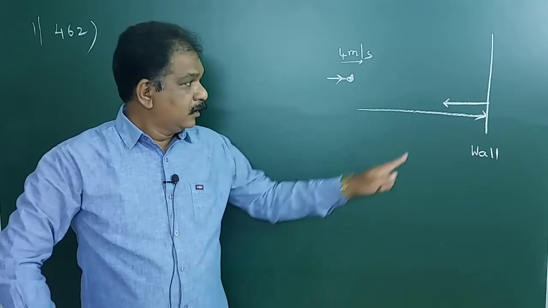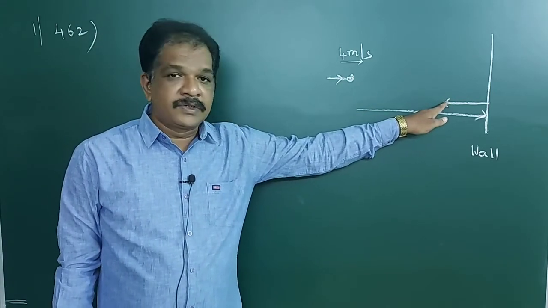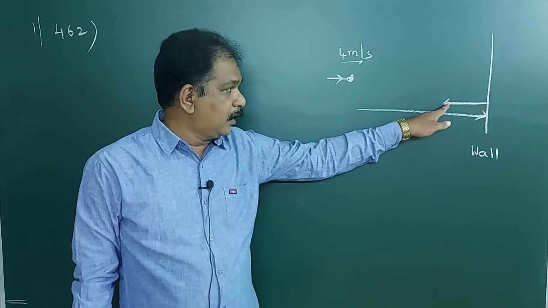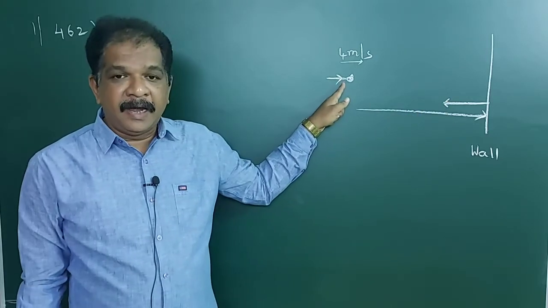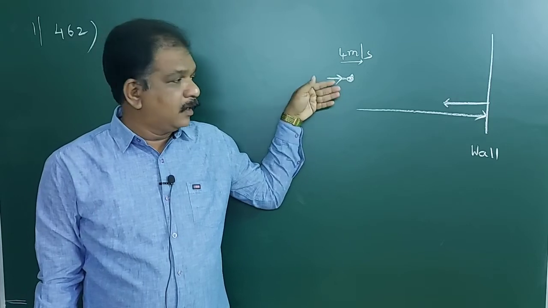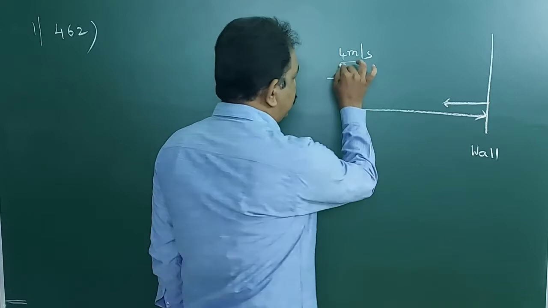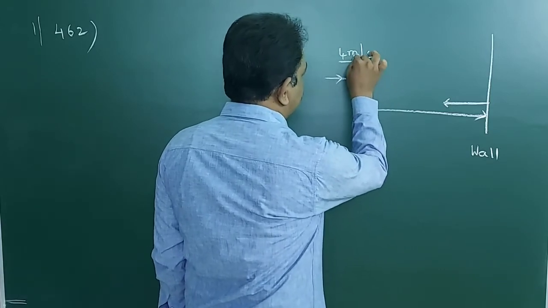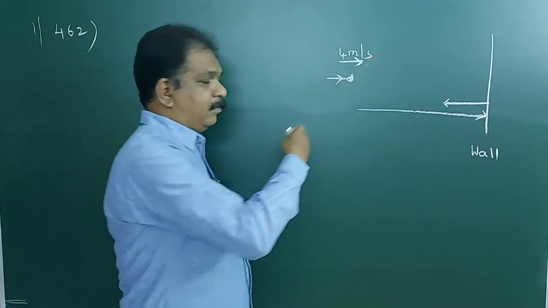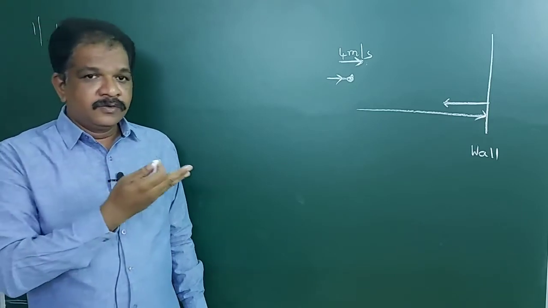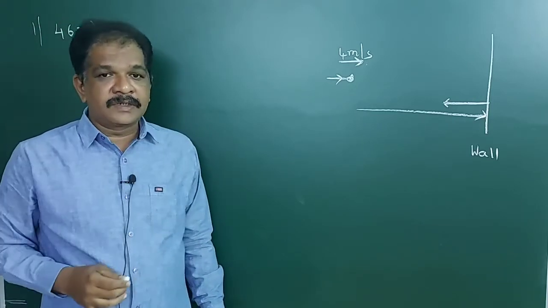So here this will be the source, like that we had to take. The bat will be the observer. So here both are, bat is going in this direction. In the same way, bat is the observer, and the source is also moving towards the bat.